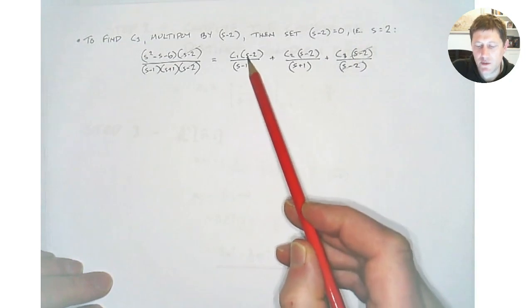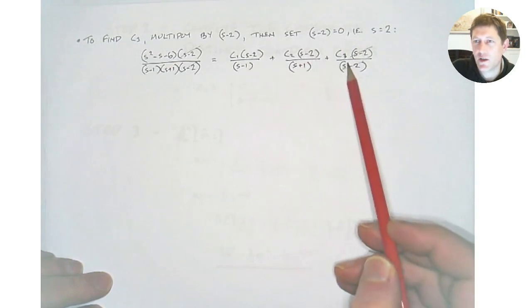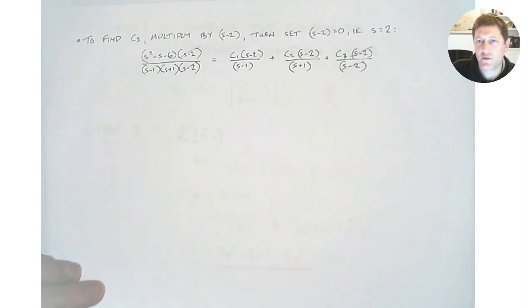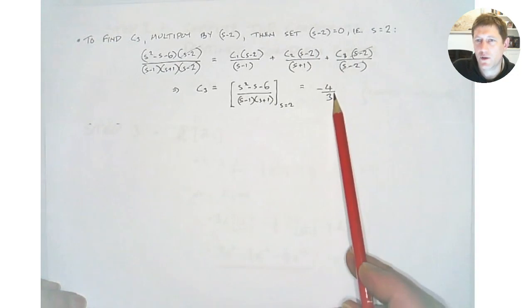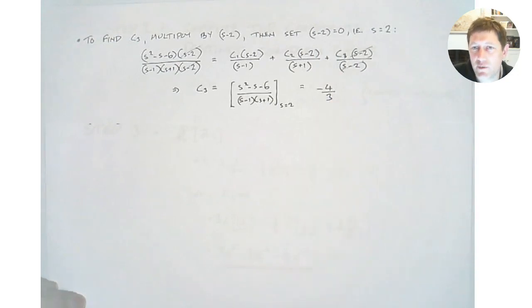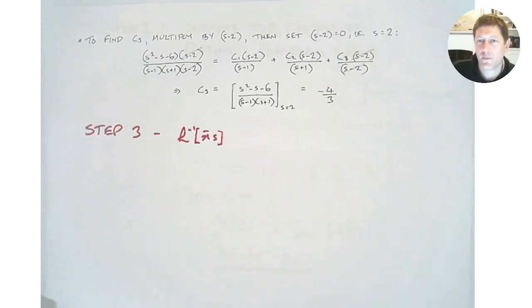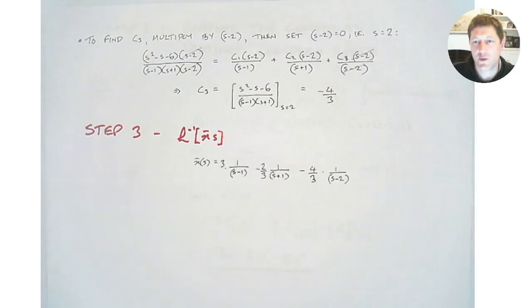We set s equals 2 so that this is 0 and this is 0, leaving just coefficient C3. Again, we can then work out what the coefficient C3 is. It's minus 4/3. At that point, we've done the partial fraction expansion. We've calculated the individual coefficients, so we're ready to actually find our solution.